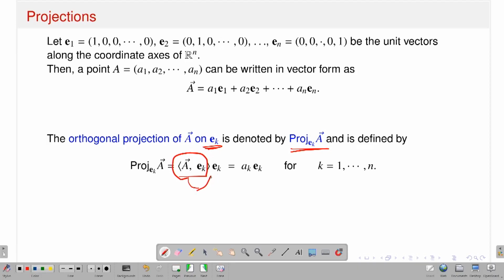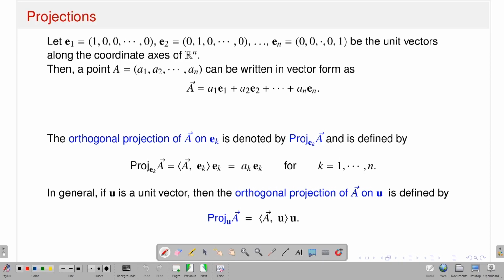The dot product of A with Ek gives Ak, so that Ak is multiplied with the vector Ek. So, the orthogonal projection of A on the vector Ek is a vector whose magnitude is the kth component of the vector A, multiplied with the unit vector on that kth coordinate axis.